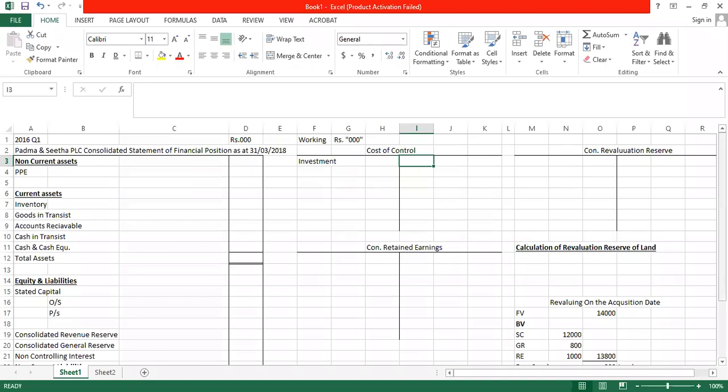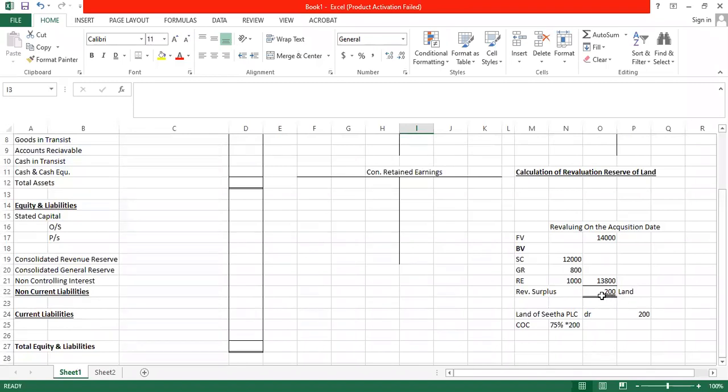So from the revaluation surplus of 200, 75% is our ownership. If you calculate this, 200 into 75% means 150.